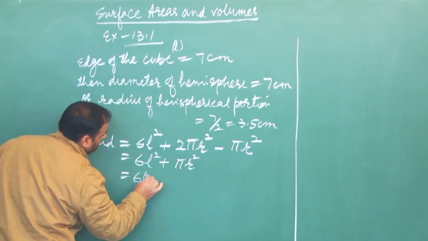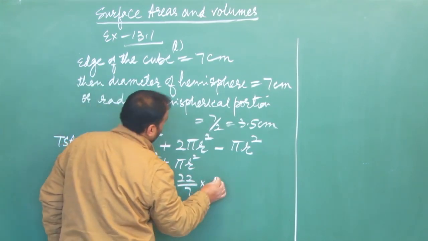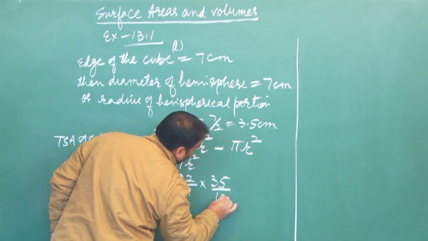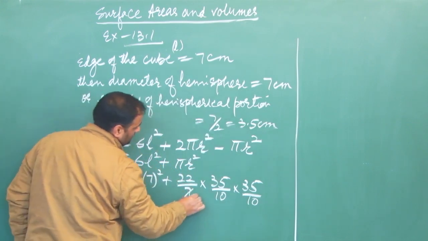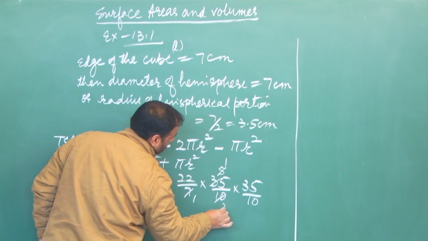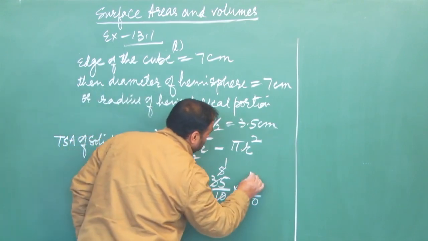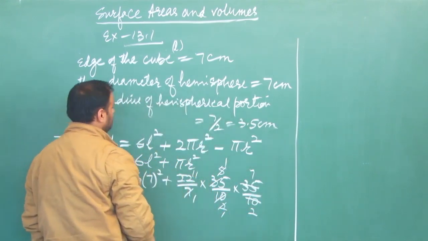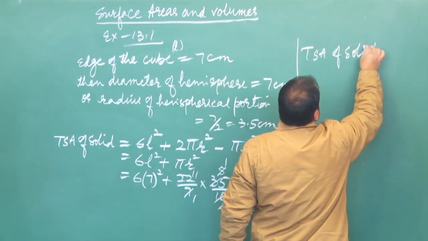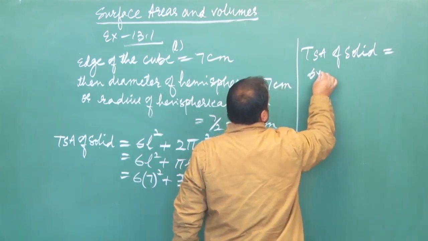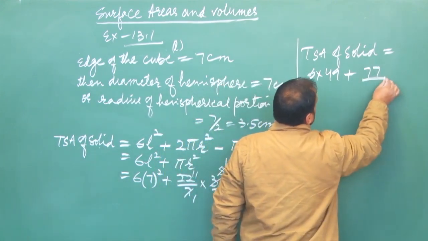On inserting numerical values, the radius is 3.5, we can write 35 by 10. Now on cancelling this, the total surface area of the solid is equal to 6 into 7 square, that is 49, plus 11 into 7, 77 upon 2.